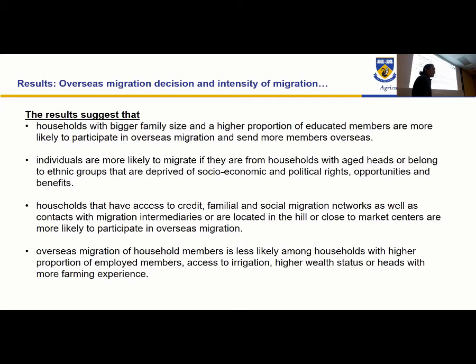Likewise, overseas migration of household members is less likely among the households with higher proportion of employed members in the household, access to irrigation, higher wealth status, or heads with more farming experience.